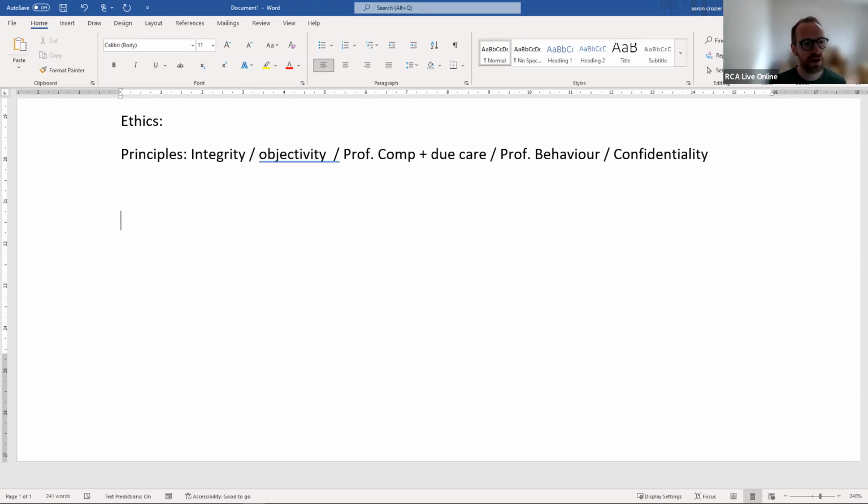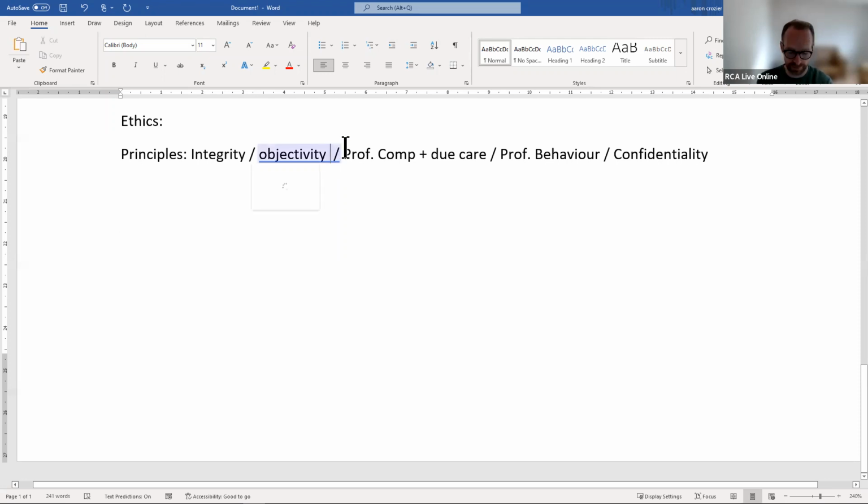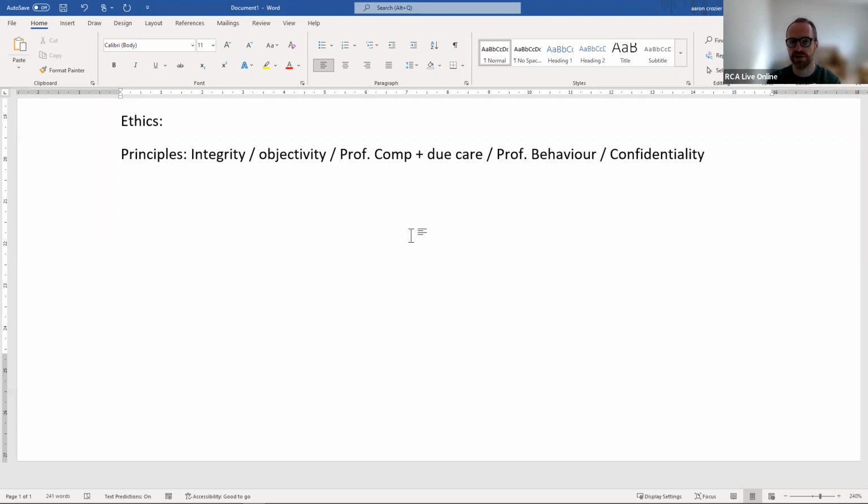Okay, so how are they likely to come up? Short, knowledge-based. What's the definition? So integrity is acting in a straightforward and honest way. Objectivity is not having any bias or acting with undue influence towards the client. Professional competence, being able to do the work, and due care, doing it in a professional way at all times.